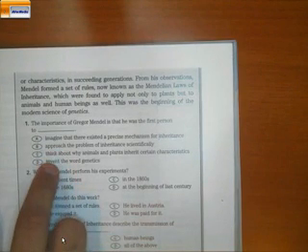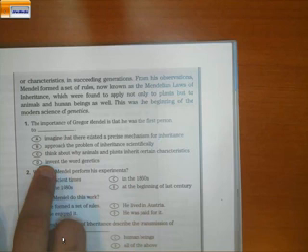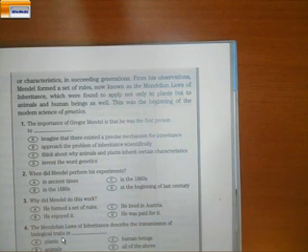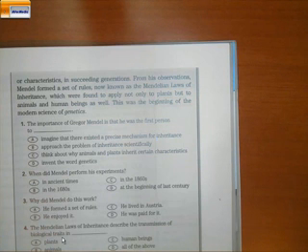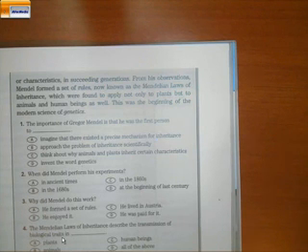It is not thinking. It's not inventing. So the correct answer is B. So you see how I reached the correct answer? I reached it by logic, by using some strategies, by understanding the paragraph, the question, and the alternatives. Then I chose the right one.